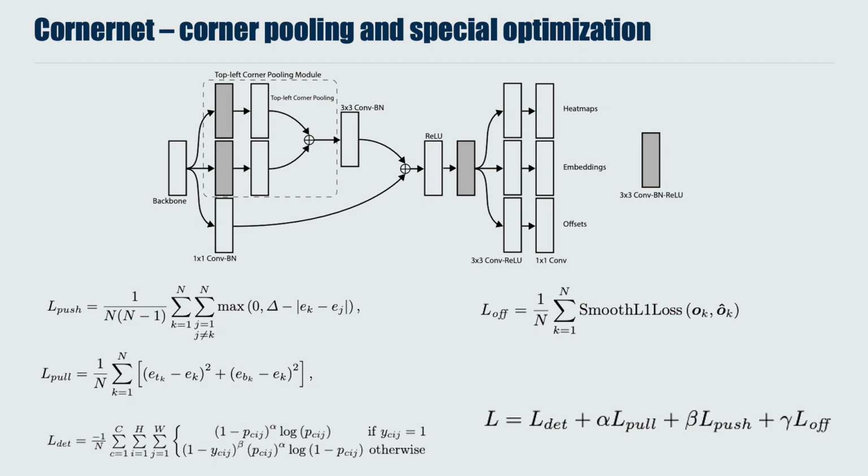And the L_off is an offset that is related, as I was telling you before, to the fact that the detection may be done at a different scale than the original image, and so if they were to only use the integer value, the offset would cause issues. So they are using this smooth L1 in order to deal with the problem of scale changing and associated quantization. And the final loss is, as usual, a weighted sum of the different component losses.